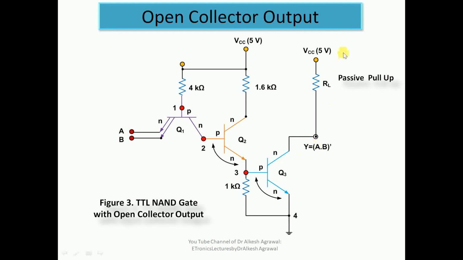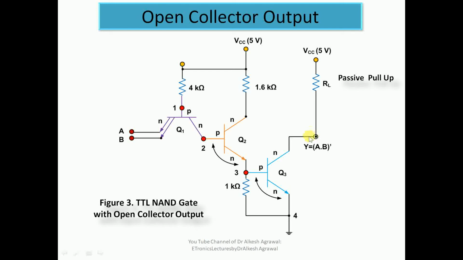A very general mode of operation that the students should remember is this: what happens when a transistor is operative? VC is low, or it's pulled down to ground. You have to keep in mind that when Q3 is on, Q2 should also be on because they are connected in a cascaded fashion.